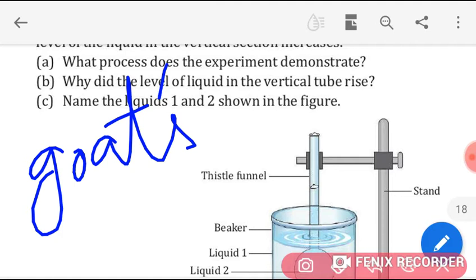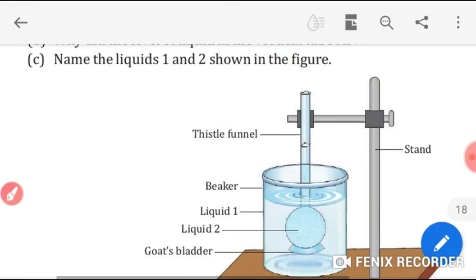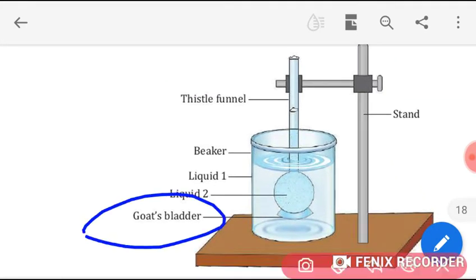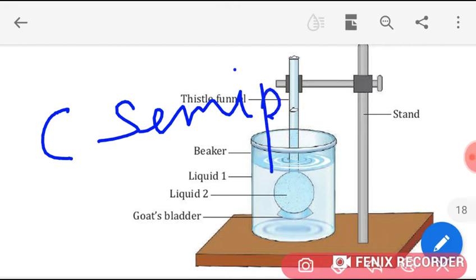Goat's bladder, B-L-A-D-D-E-R. It is given in your diagram also. After that you have to write in brackets. After goat's bladder you have to write in the bracket: semi permeable membrane.